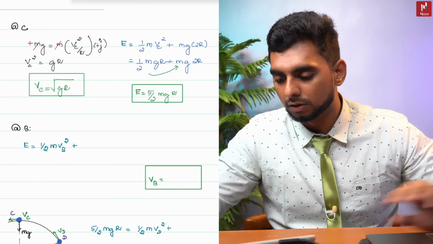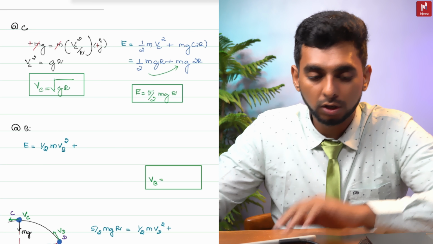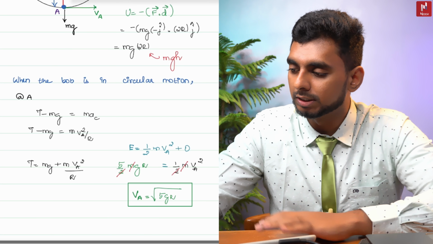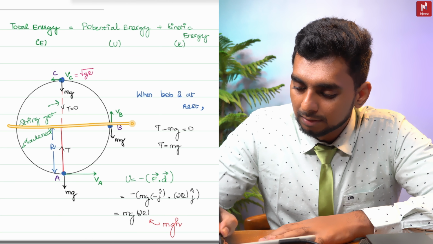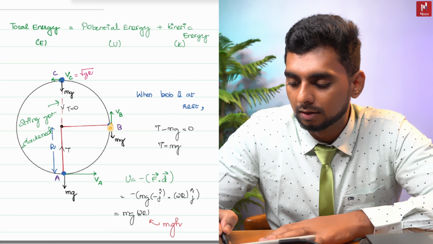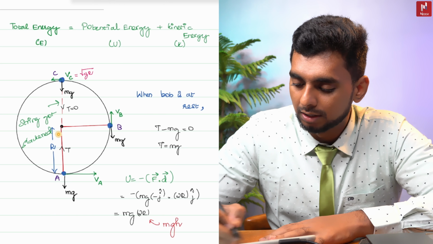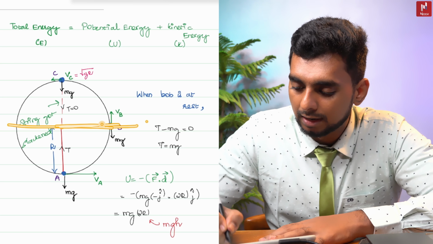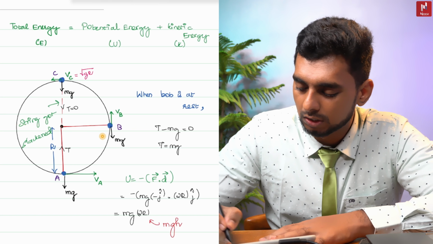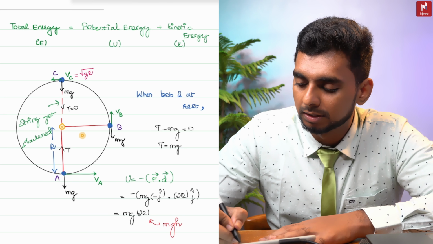Then let me do it for the point B. So the point B will be the intermediary position. I have chosen that point such that it is in the half semicircle of that motion. So it is exactly in the half of that motion, which means it is horizontal to the origin, something of that sort.